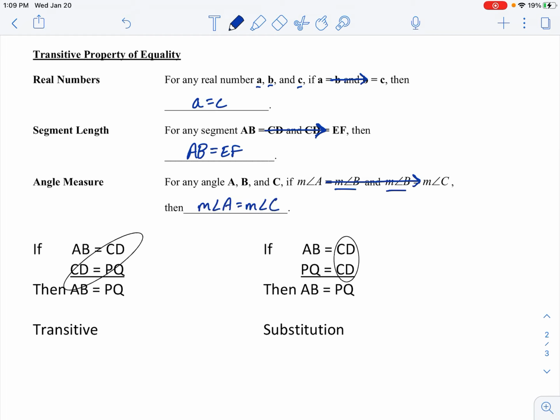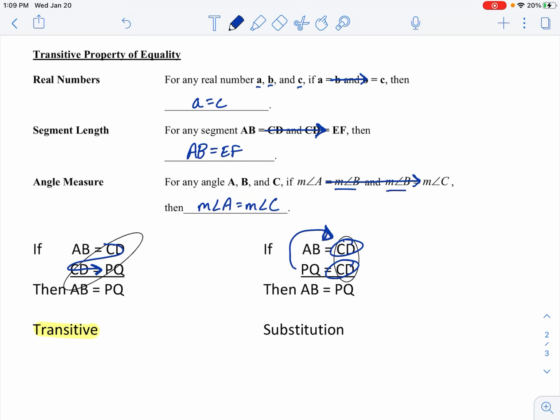Now this one, and you'll see down here, is a good representation of the transitive property. Transitive property, remember, we're going through the middleman to say that AB is equal to PQ in this case. So I'm defining that AB is equal to CD and CD is equal to PQ. Substitution would be taking this information to say, okay, if AB is equal to CD, and I know that PQ is equal to CD, what I'm really doing with substitution is taking PQ and putting it in its place.